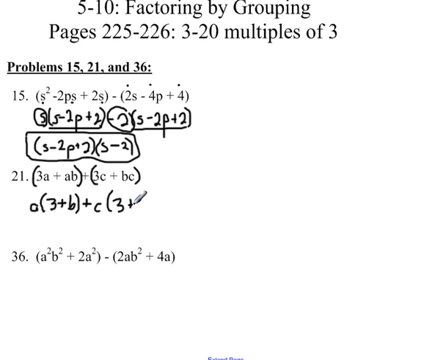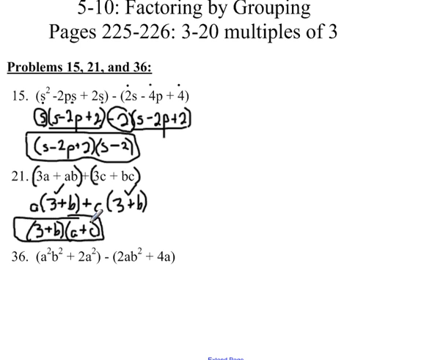I'll have a 3 plus b. Now to answer that, you're going to have the 3 plus b that's in common right here and right here. And then in your second set of parentheses, you've got a plus c. That's what's left over. And there's your answer there.